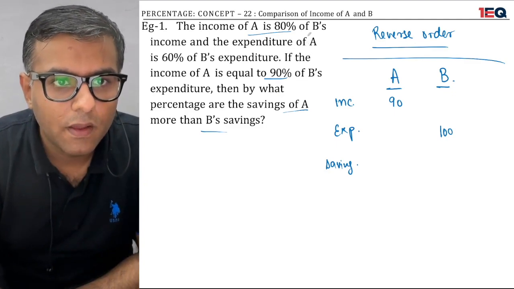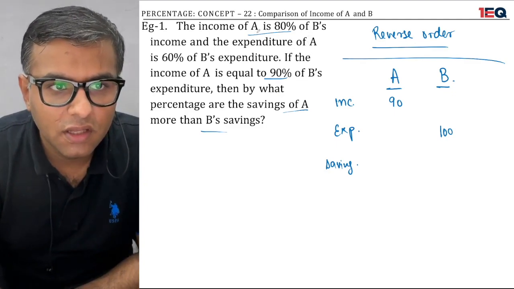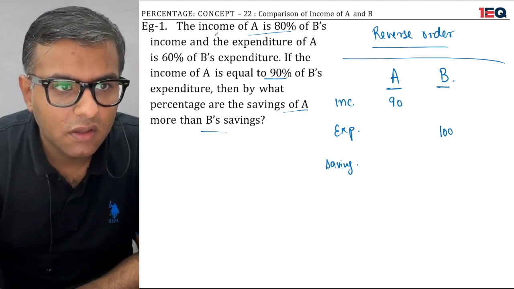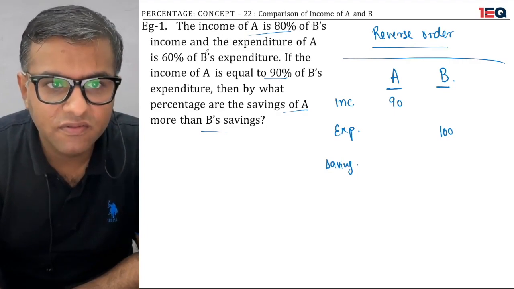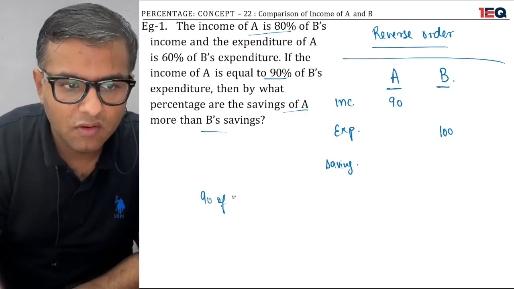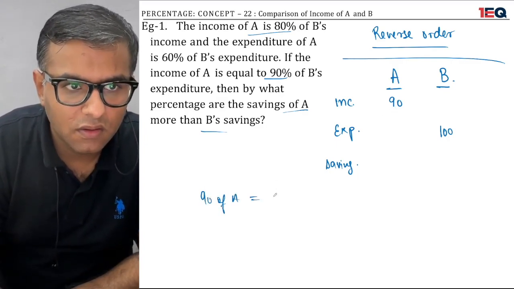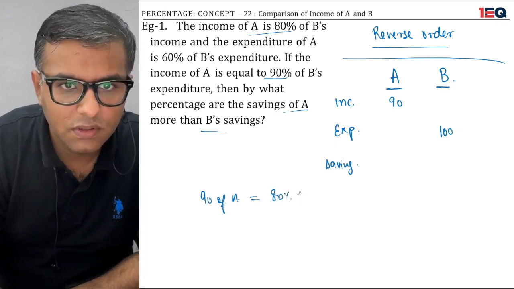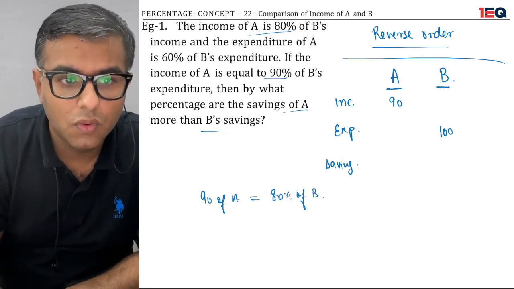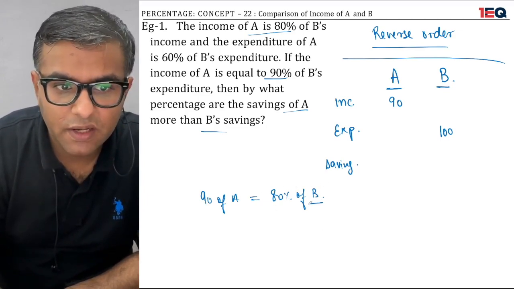Now, the income of A is 80% of B's income. 90 of A is equal to 80% of B. So what is the value of B?